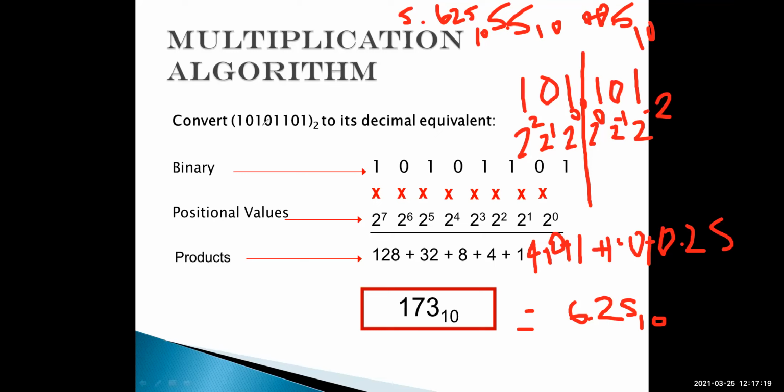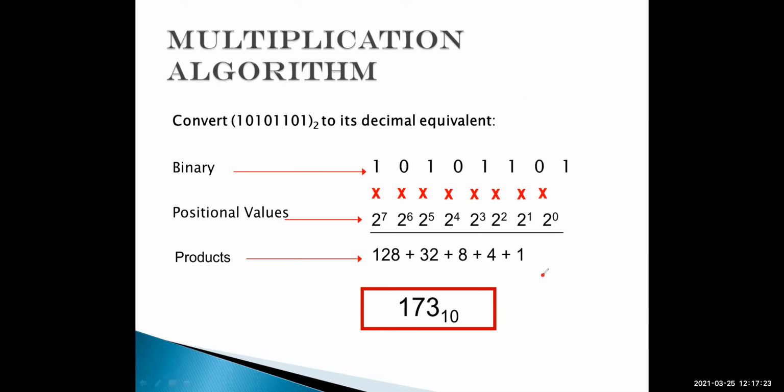Can you solve any example? Okay, I'm writing one example here: 1101.0111. Solve this. 1101, point, 0111.